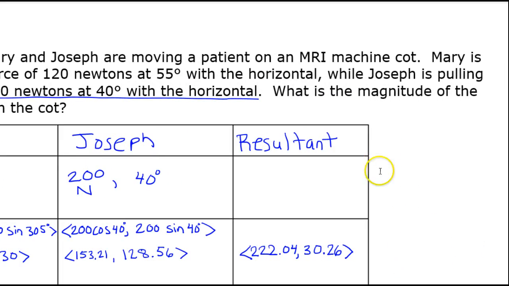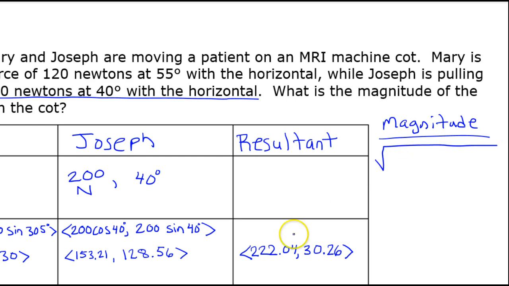Okay, so off to the side, let's calculate the magnitude first. So the magnitude of the resultant vector. We can get this by just using the magnitude formula. Okay, look at these components.